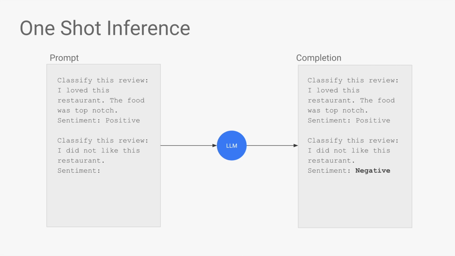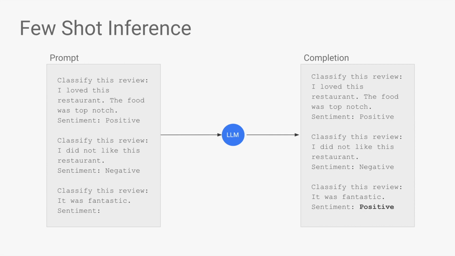Subsequently, the prompt reiterates the instruction and includes the actual input review for analysis. This comprehensive prompt provides the smaller model with a clearer understanding of the task and the desired response format. The use of a single example is known as one-shot inference.